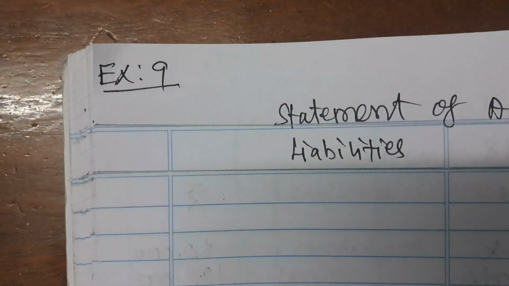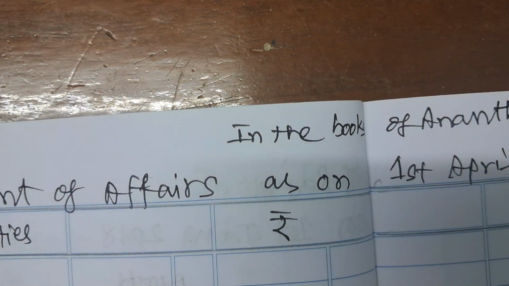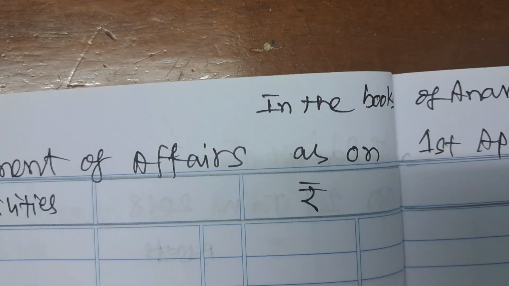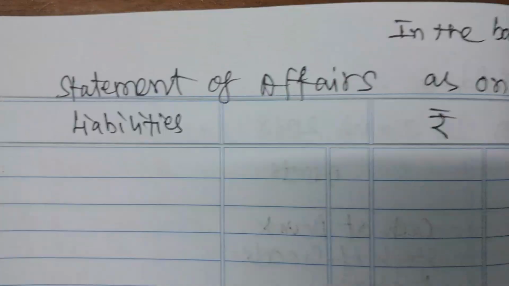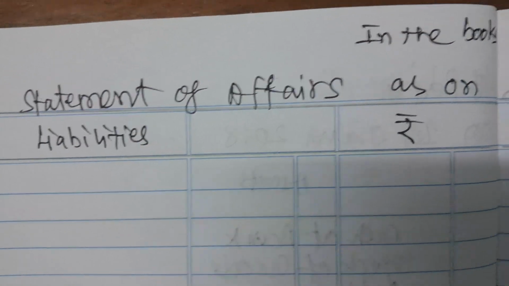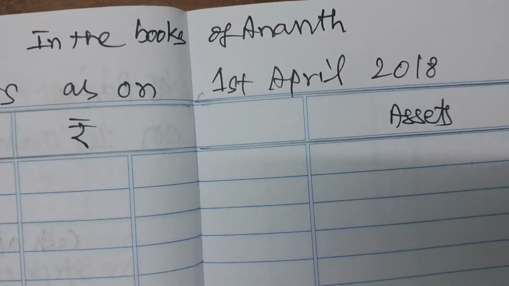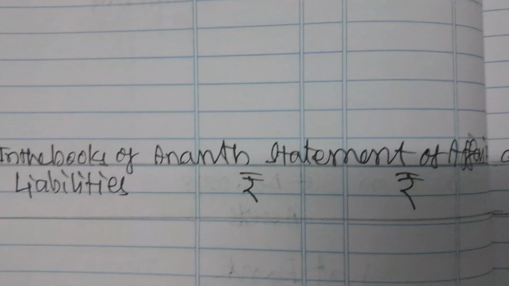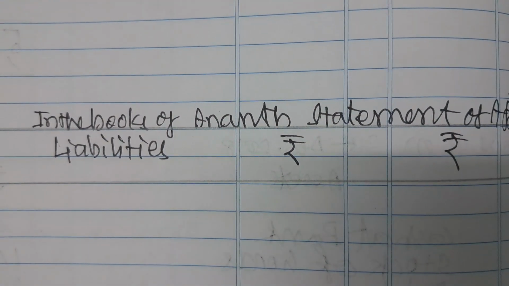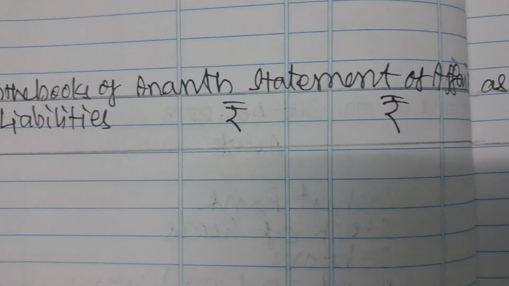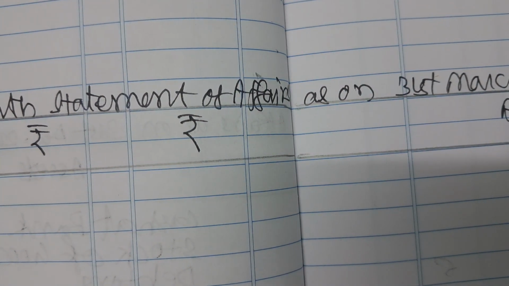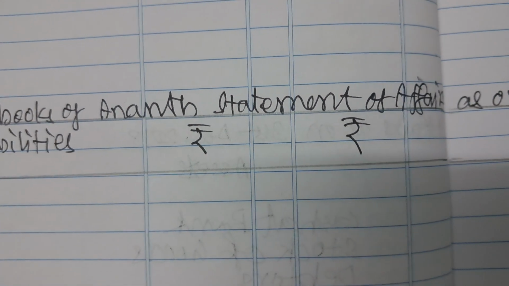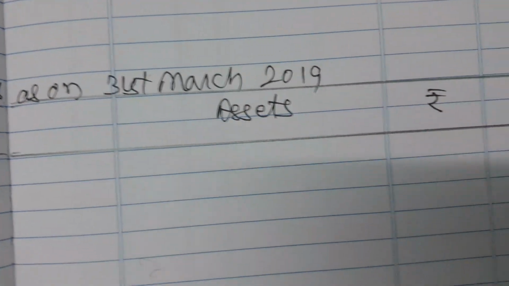I prepared the format. Exercise 9. In the books of Anand, statement of affairs as on 1st April 2018: liabilities, assets. In the books of Anand, statement of affairs as on 31st March 2019: liabilities, rupees, assets, rupees.